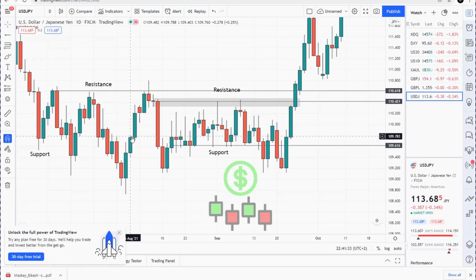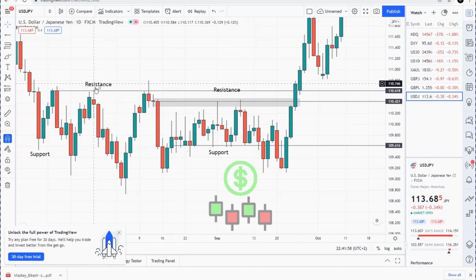Here is just an example of what support and resistance will look like, but remember, it won't always look like this, because this is USD JPY and the trends are different. But all the time, you will find that resistance is always at the top and support is always at the bottom.